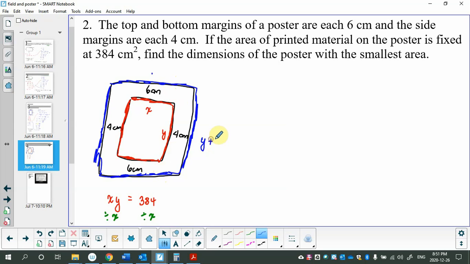So this is actually 12 centimeters longer than the inside. And this one used to be X, but it's 8 centimeters bigger, 4 on each side, than the inside. So that is what I can minimize.